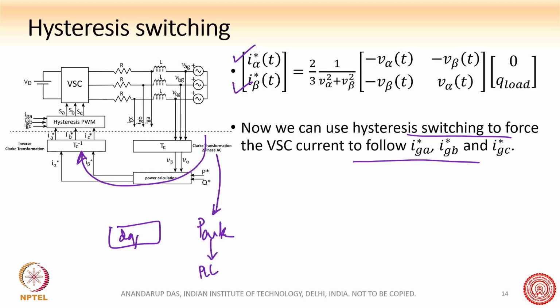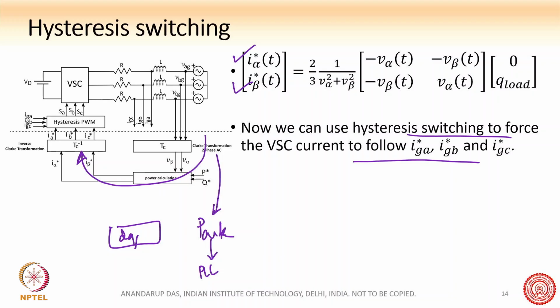This strategy is actually quite popular in many applications, and the drawback is that the hysteresis PWM is going to create a variable switching operation, and the dynamics are somewhat better in the DQ control.